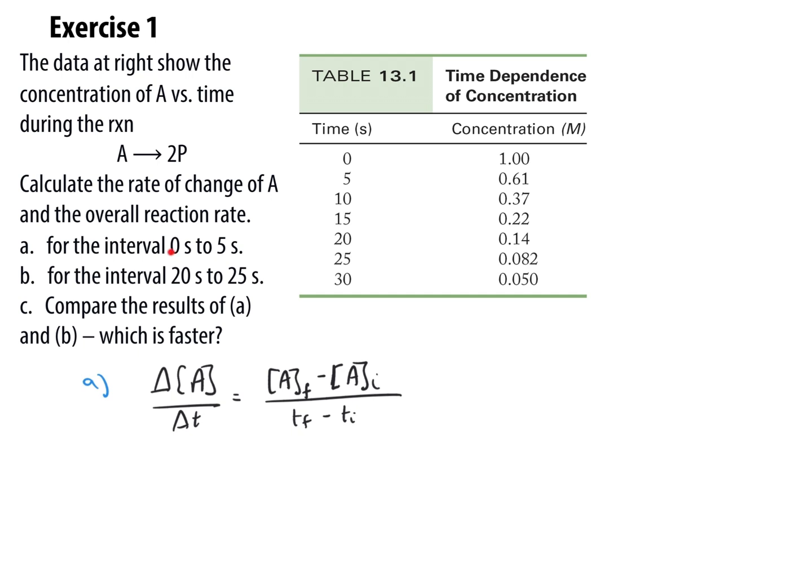In this case, the interval is 0 as my initial and 5 as my final, so I'll plug those values in. This is going to be the concentration of A at 5 seconds, 0.61, minus the concentration of A at 0 seconds, which is 1.00 molar, and then the time is 5 minus 0, or again, the delta T interval here is 5 seconds.